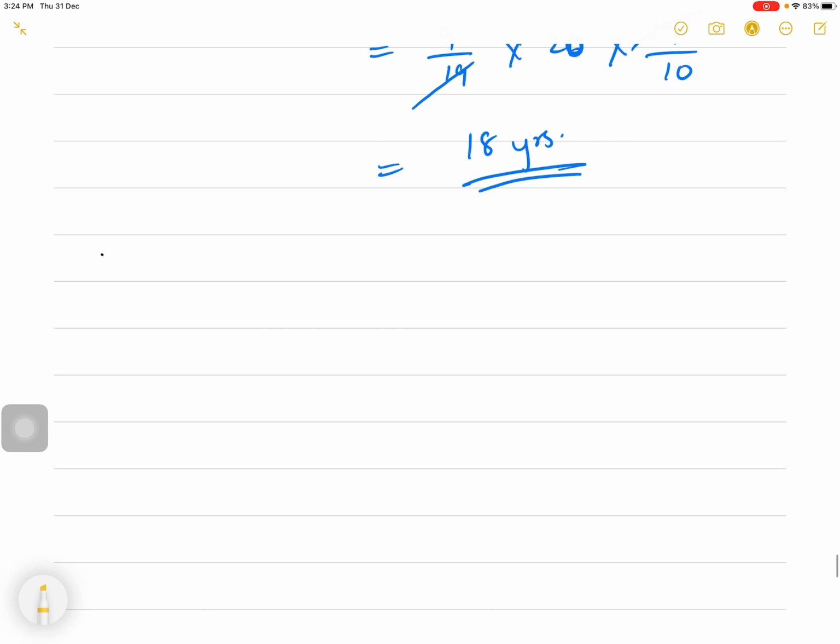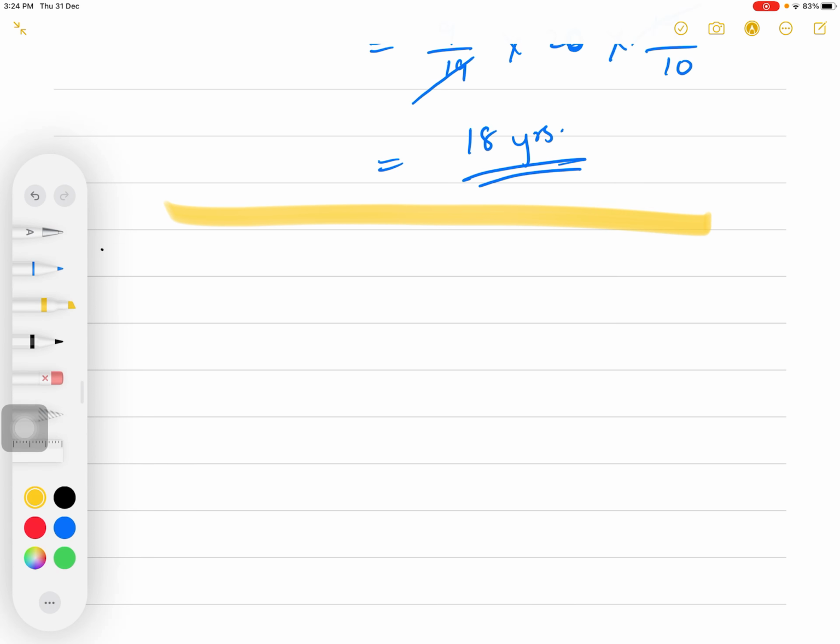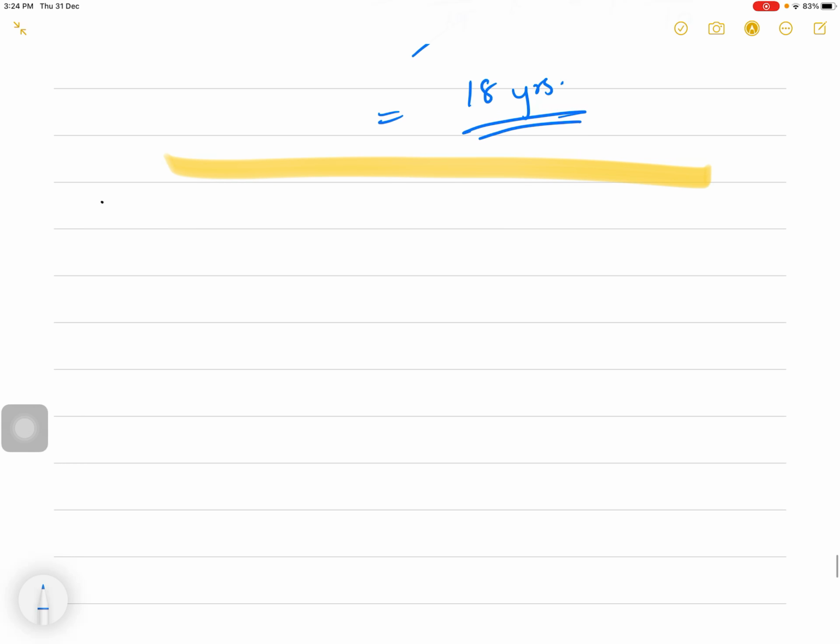Okay, let's try to solve that way. Another way of solving.